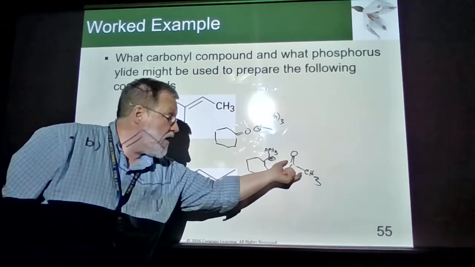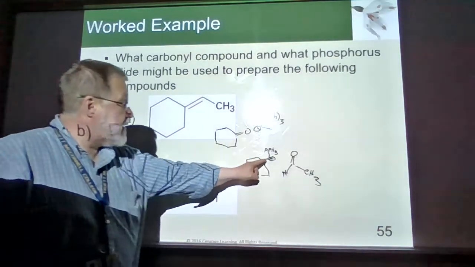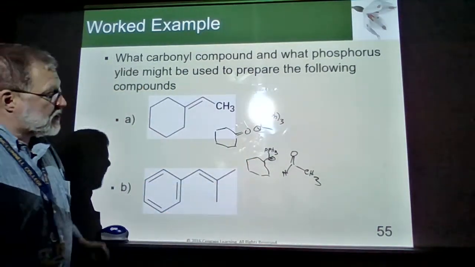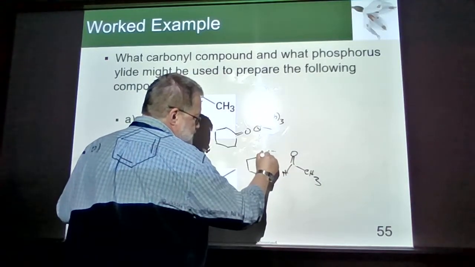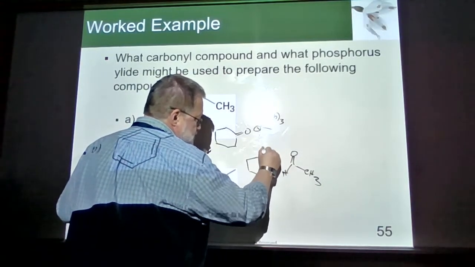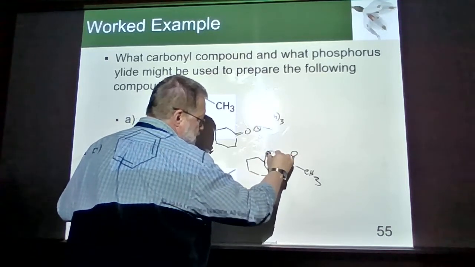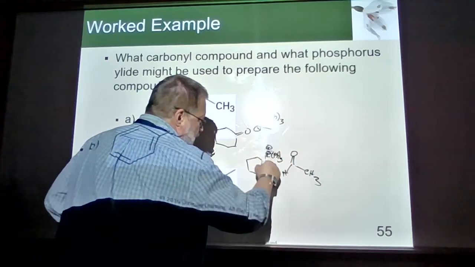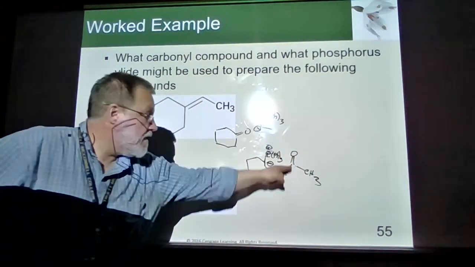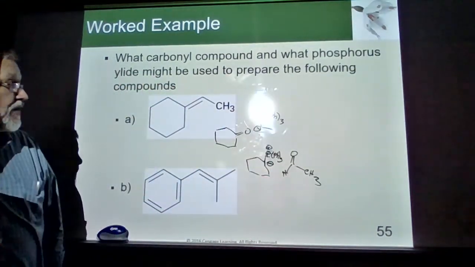Or we could flip and have the aldehyde here. You would have the double bond going to that ylide and that aldehyde, giving us the double bond and the CH3.